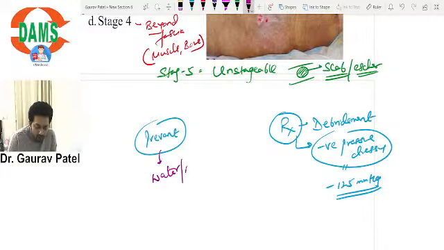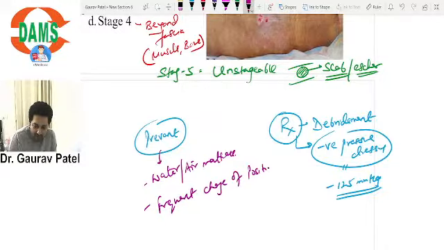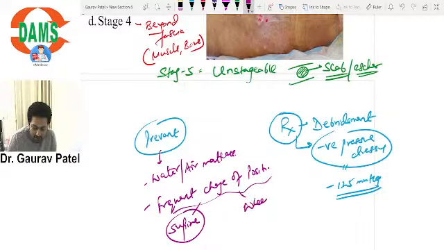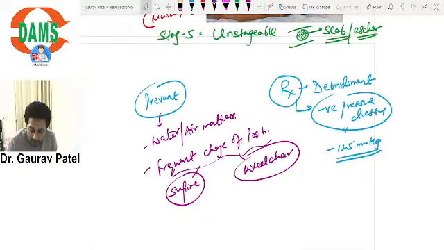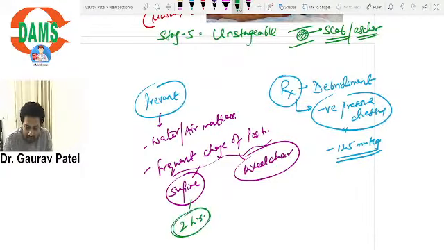Water or air mattress. Frequent change of position. If the patient is supine and if the patient is on a wheelchair, how frequently? In supine, every 2 hours.